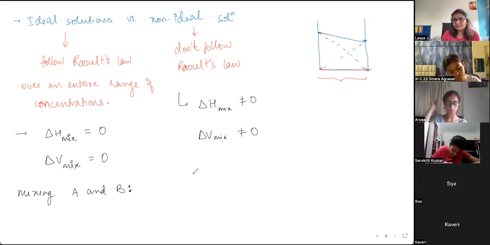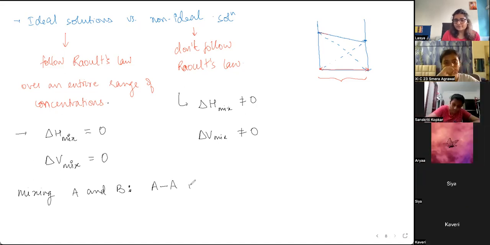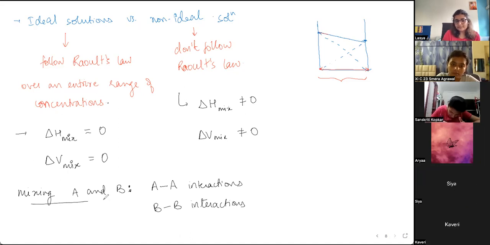At the molecular level, you have A molecules interacting with A molecules, AA interactions. And you have B molecules interacting with other B molecules, BB interactions. Now after mixing, A molecules and B molecules also interact with each other. So you have these three types of interactions.